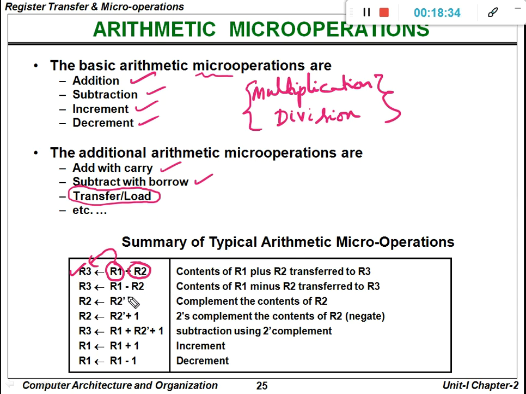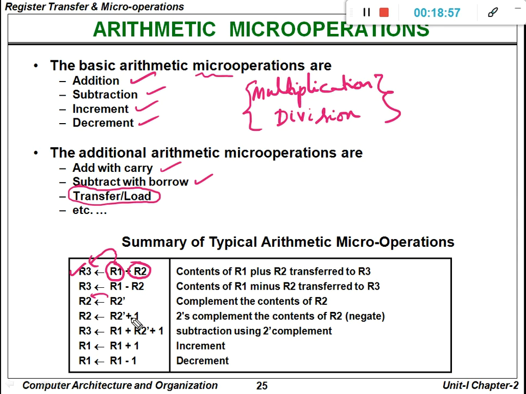The content of R2 is subtracted from the content of R1 and the result is stored in R3. R2 ← R2' (complement). So the content of R2 is complemented and stored in the same register. That is, it is going to overwrite the available content.